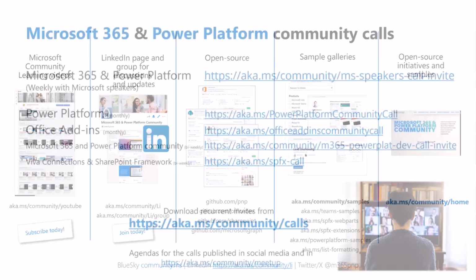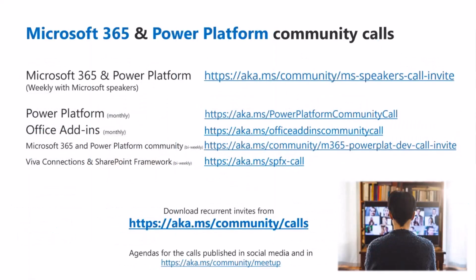Now, related to the community calls, we do have quite a few of them. This is the recap: the Tuesday 8 a.m. call with Microsoft presenters, happening every single Tuesday at 8 a.m. Pacific time, and that's the first call on that list. This call happens every single Tuesday, as mentioned already quite a few times, except in the holiday period.